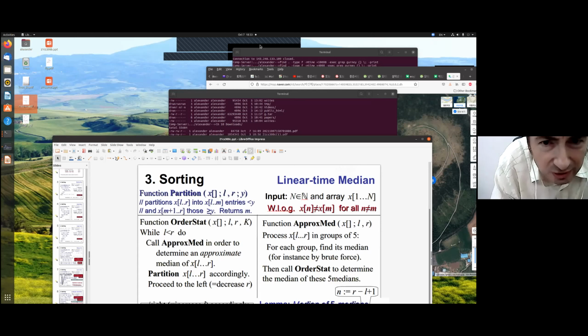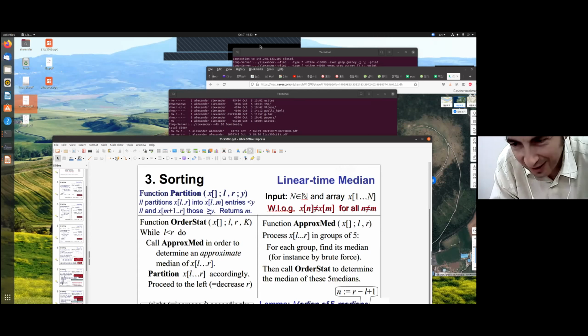So now I will return to this question. I made an extra material to explain what happens if you take other sizes of groups. This is also part of your homework.